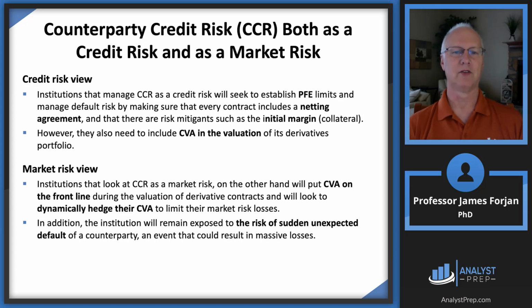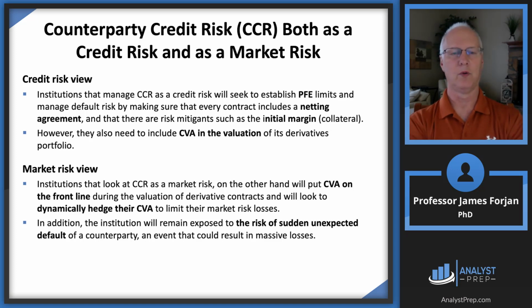All right, so here's kind of a summary of what I've been talking about here. Credit risk view versus the market risk view. In this credit risk view silo, we're going to establish those potential future exposure limits and then manage those by the terms of the contract. Of course, when you and I get together, I'm going to say something like, why don't you put up an initial margin?